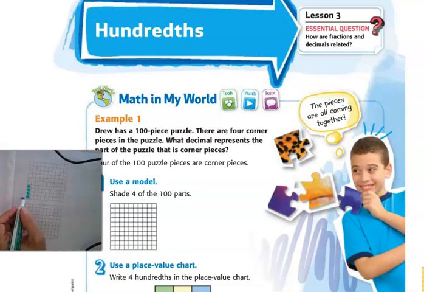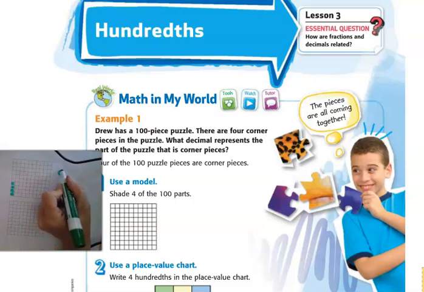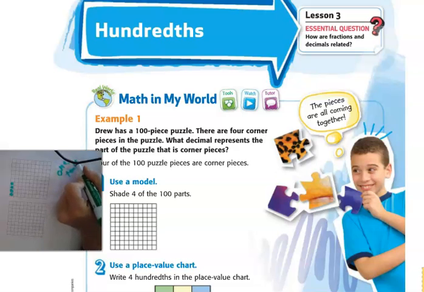If I was going to use my place value chart, I would draw my ones, tenths, and hundredths. And I have 0 ones, 0 bars or tenths, and I have 4 hundredths.